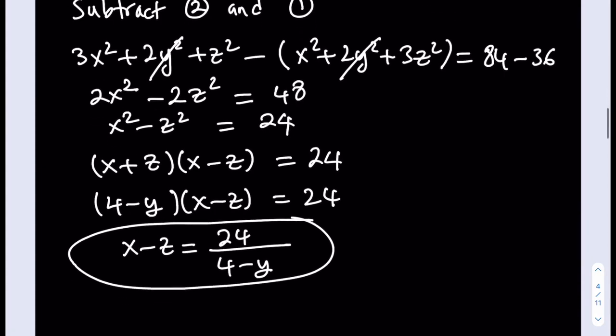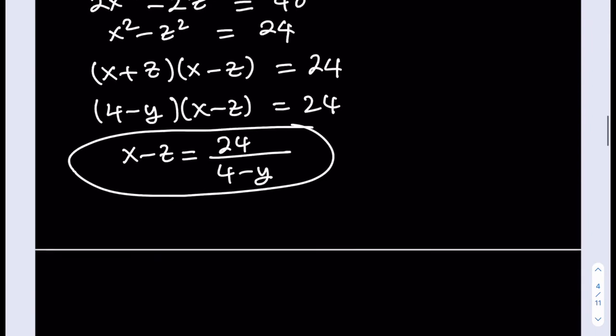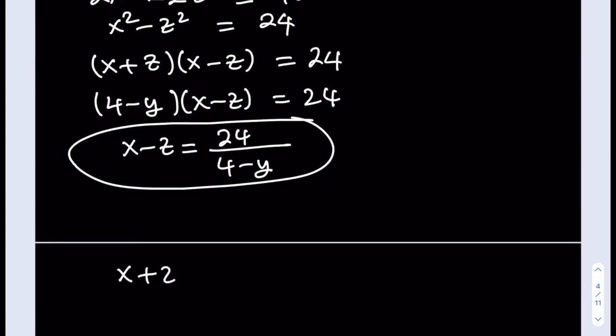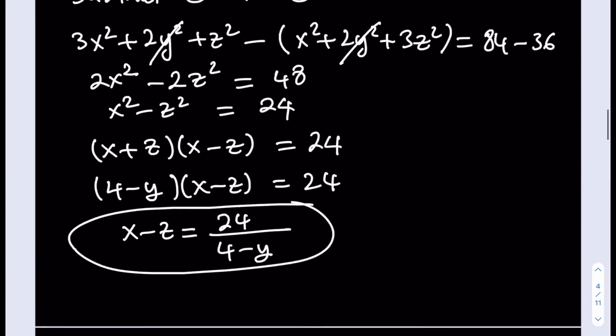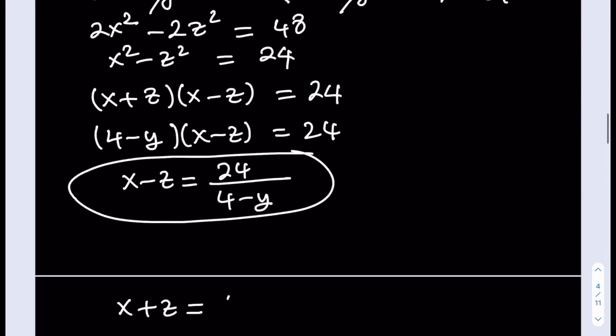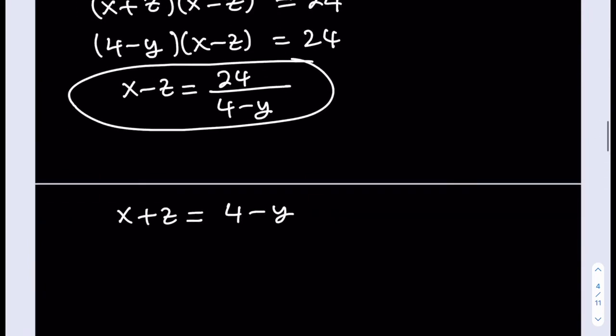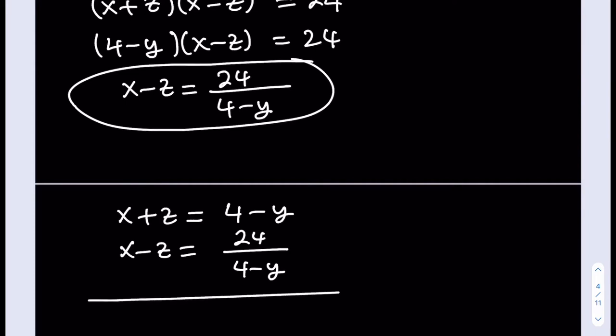So I'm going to go ahead and put those together. So I have x plus z is equal to 4 minus y, and x minus z is equal to 24 divided by that. Okay, now in this system of equations, elimination is fairly easy.